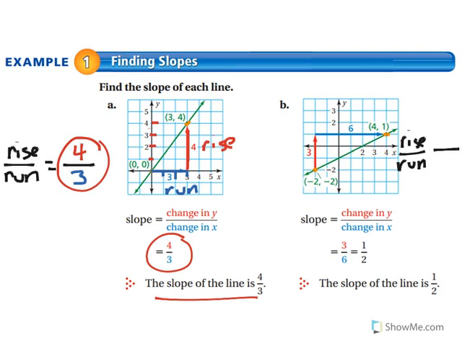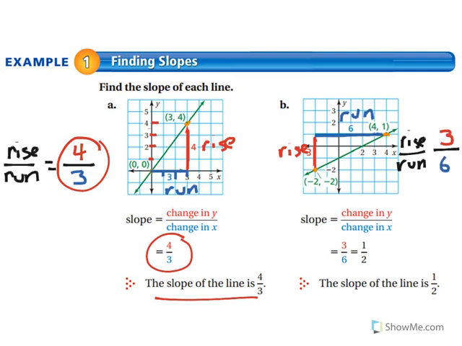So, starting at the negative 2, we're going to go up 3 squares. This is our rise. Went up 3, so the rise is 3. And then we're going to go over a total of 6 squares. This is our run. So our run is 6.